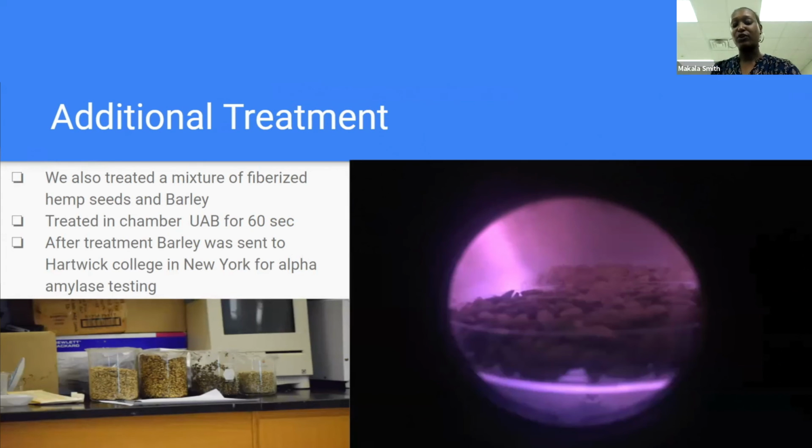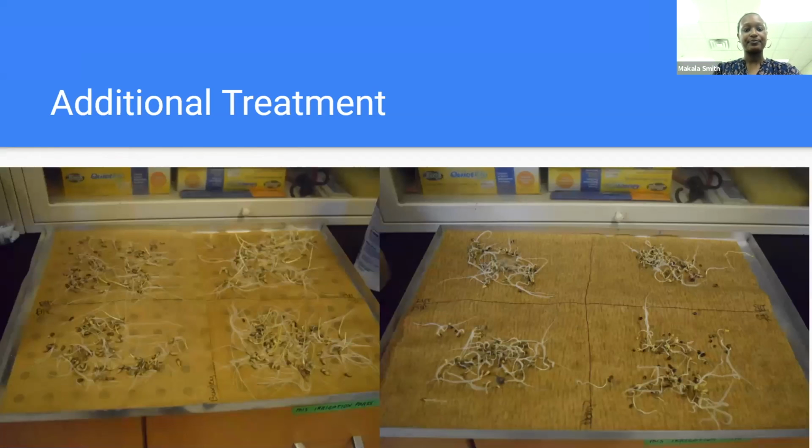The hemp, unfortunately, we didn't have anywhere to send it to, so we had to scrap those for treatment, but it was initially the same thing. With the hemp, it was the fiberized soaked and the fiberized dry, and with the barley, it was barley soaked and barley dry that we all put in the chamber for 60 seconds.